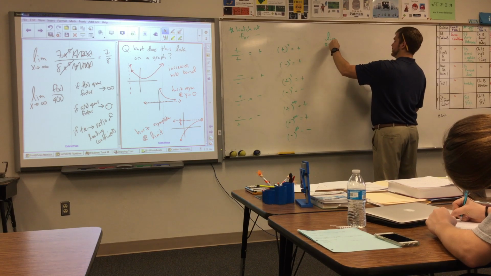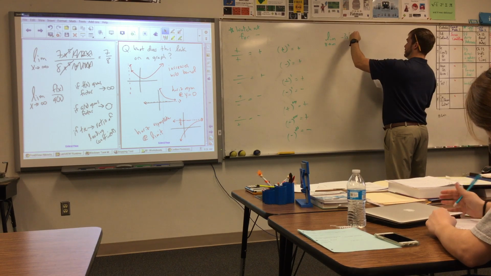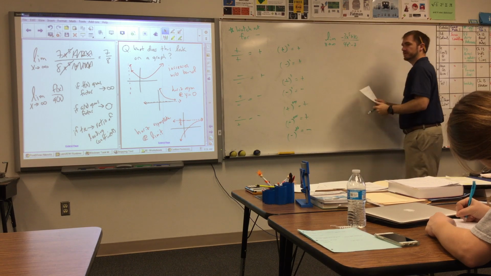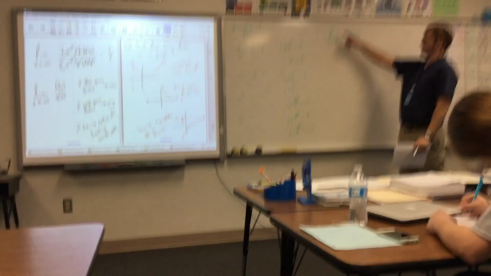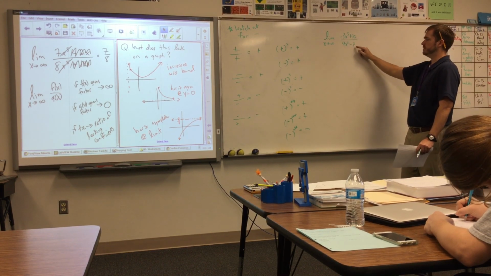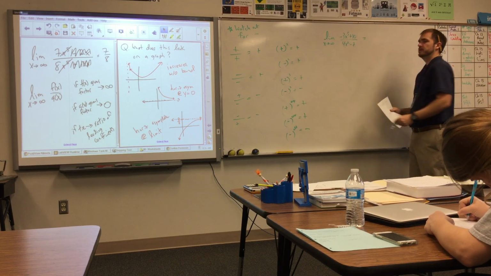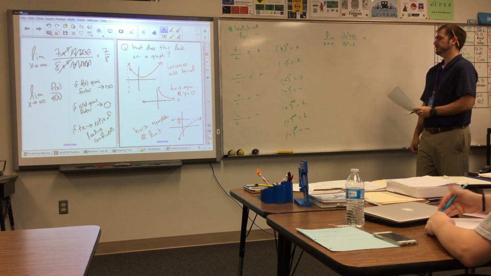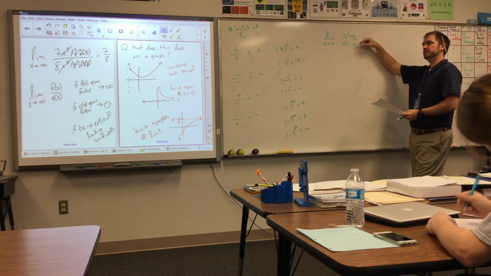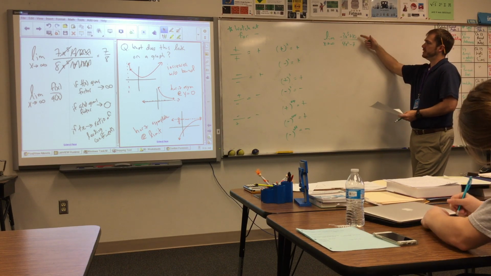So for instance, look at this one. The limit of negative 3x to the 5th plus 10 over 4x squared minus 7 as x approaches infinity. First question is, who's going to win, numerator or denominator? Numerator. Okay.